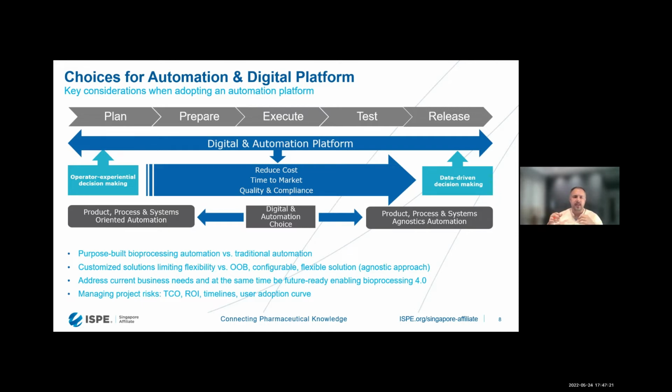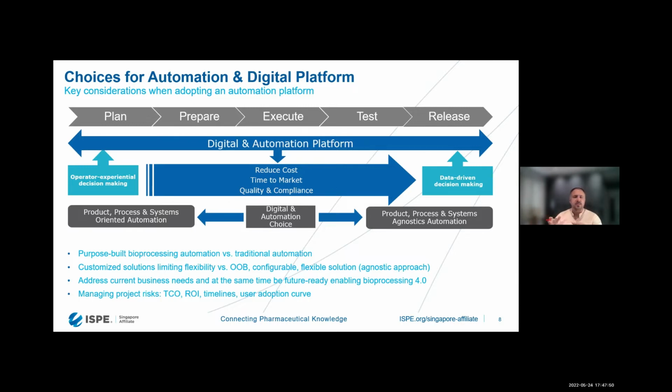Someone can think that I press a button and the machine starts. Even that is automation. But then again, the word automation is used and abused in a lot of different ways. But then the choice of automation, the capabilities that we are thinking about, if that is bioprocess oriented, I think that's where it makes a difference versus any of the traditional automations.